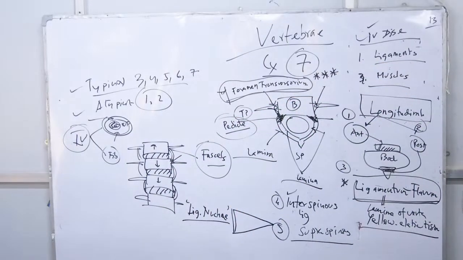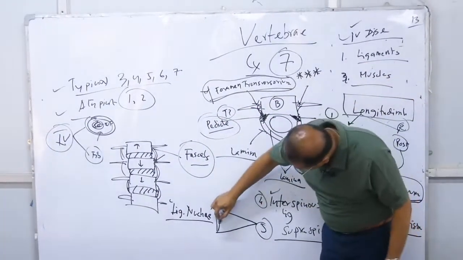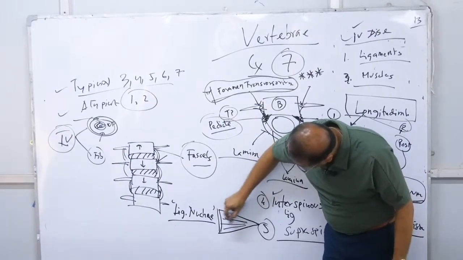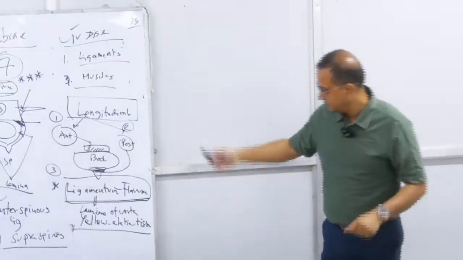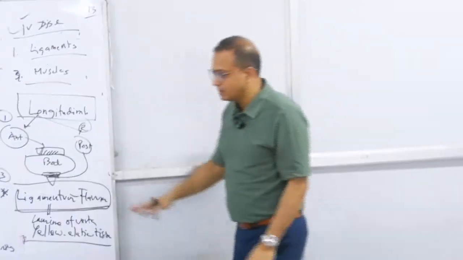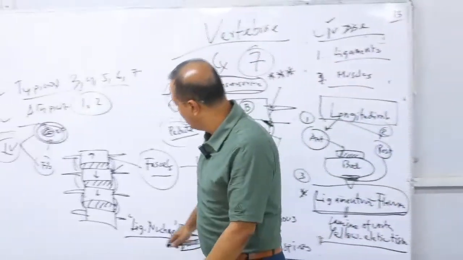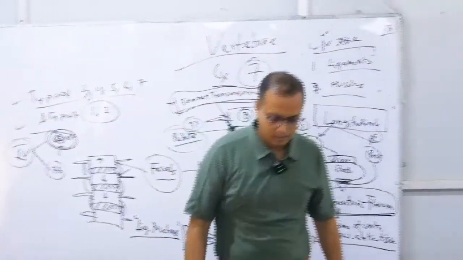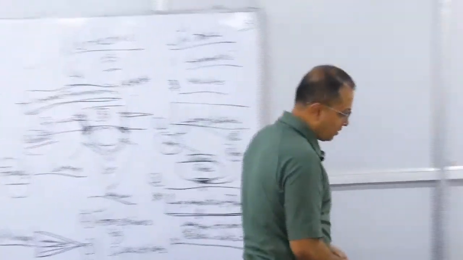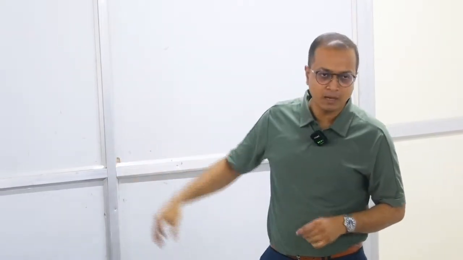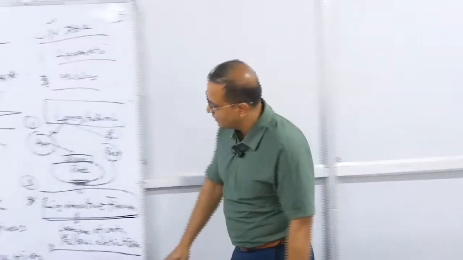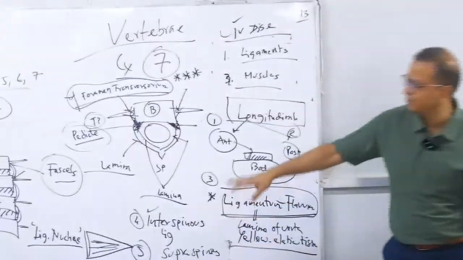So the supraspinous ligament in the cervical region, which is touching the spines of the vertebra, is a little bit thickened or modified. We call it ligamentum nuchae. It is an element of the supraspinous ligament, a little bit modified in the cervical region. That's why we have these names.